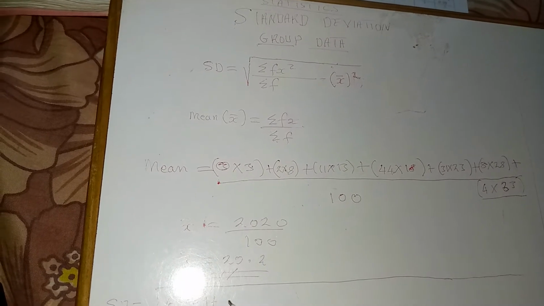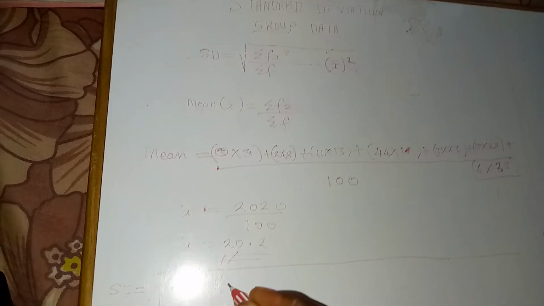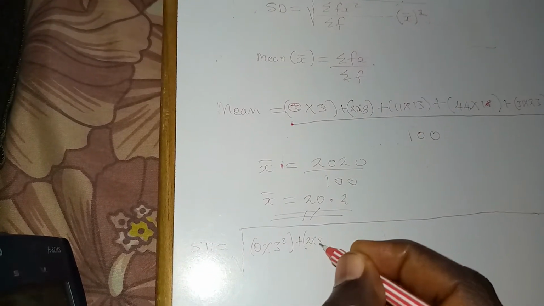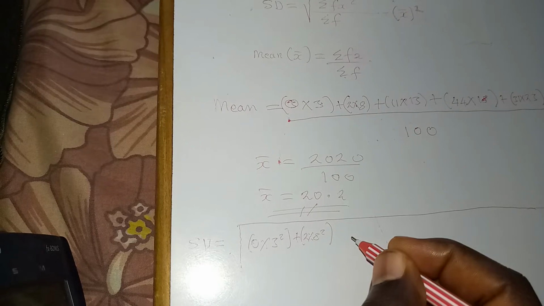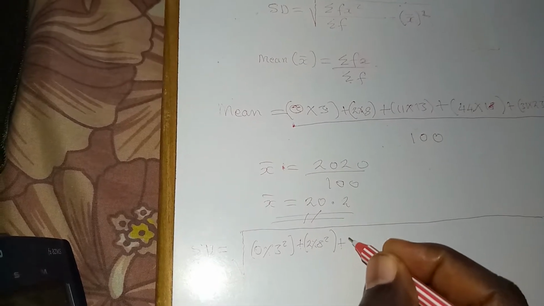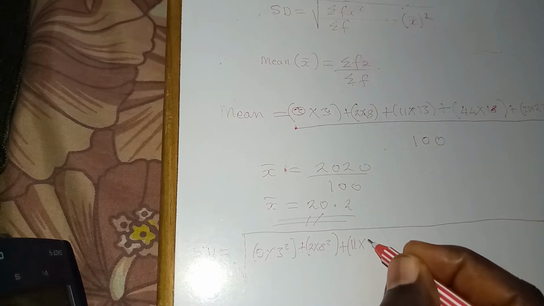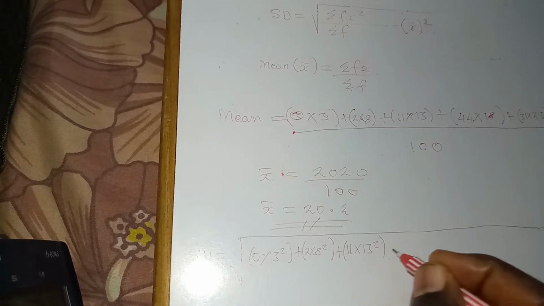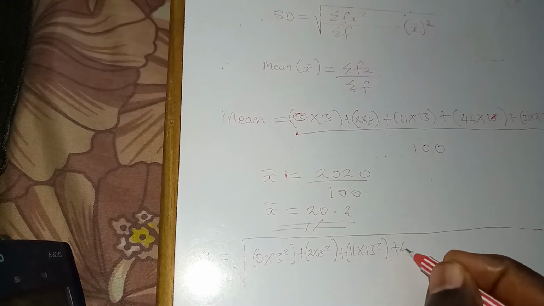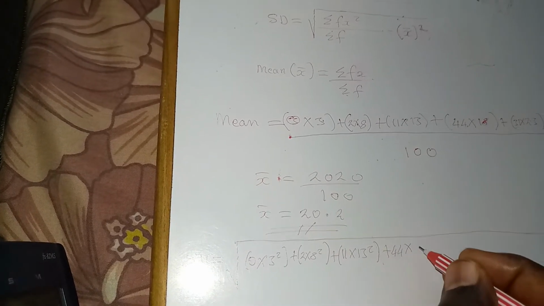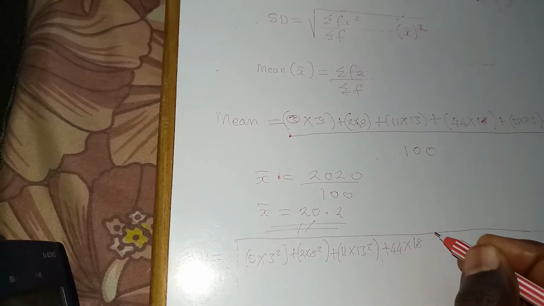Then plus 2 times 8 squared. Then plus 11 times 13 squared, plus 44 times 18 squared.